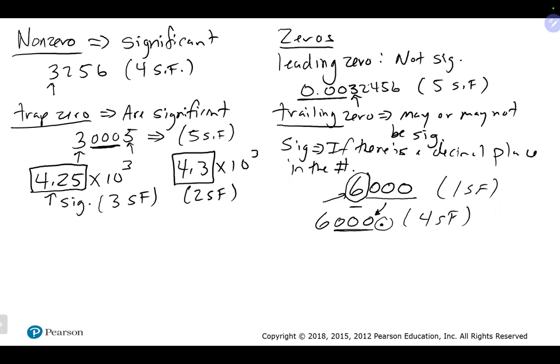And it's important to understand that. It's also important to understand that if you do have a number in scientific notation, let's go with 2.70 times 10 to the 2, for example, you should assign significant figures based on the way the number is written there.